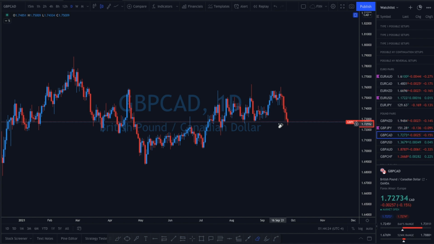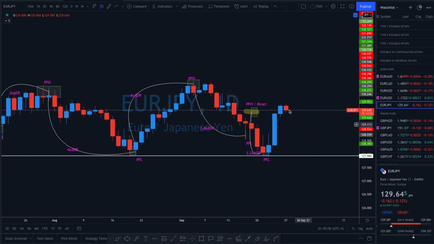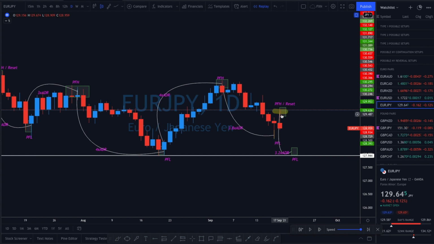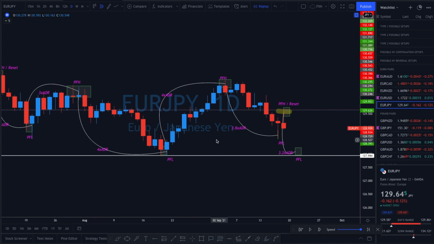Okay? Because if you see on the daily chart, all right, so if we go to the daily, this is the candle that produced the reset. Now, here's what I look at when I'm looking at this on the daily. Where is the closest structure?